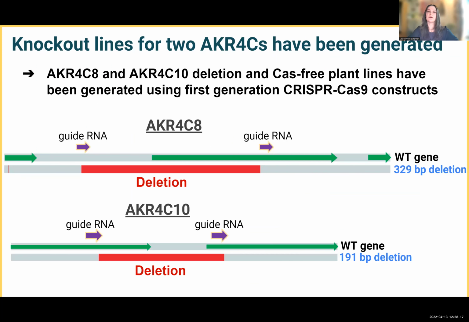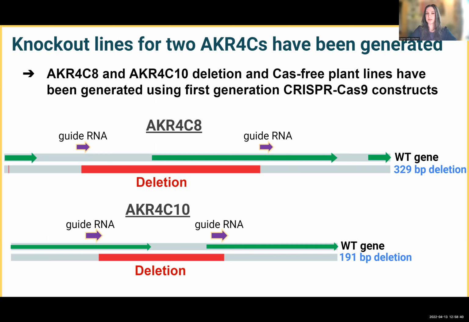So far, knockout lines for 2 of the AKR4Cs have been generated, AKR4C8 and C10. We have lines with deletions for each of those, and they are Cas-free, which means that the CRISPR-Cas9 construct is no longer within the genome of the plant, which eliminates the possibility of any off-target background mutations.